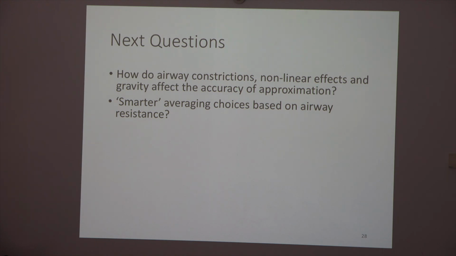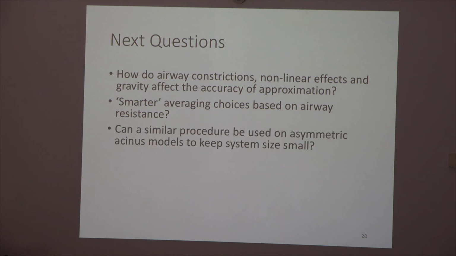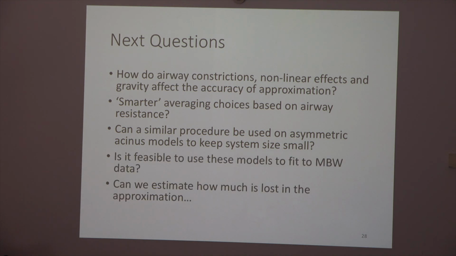This is something I've been doing in the last couple of days, actually: if you just simulate the pressure drop over the whole system and look at the flow out at the ends, maybe you can see regions that are more homogeneously ventilated and average those out, and then leave more heterogeneous ones alone. And also, we could trim down models of the Asmus in the same way, is the idea.